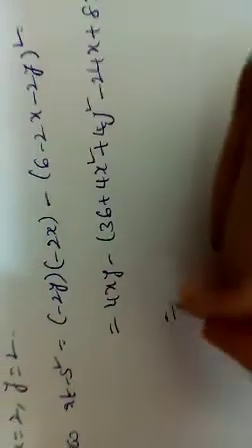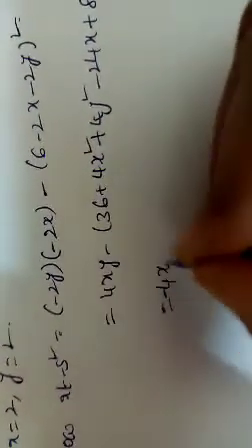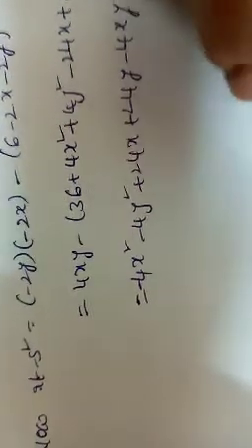Then 4xy minus of 36 plus 4x square plus 4y square minus 24x plus 8xy minus 24y. So then which implies minus 4x square minus 4y square plus 24x plus 24y minus 4xy minus 36.